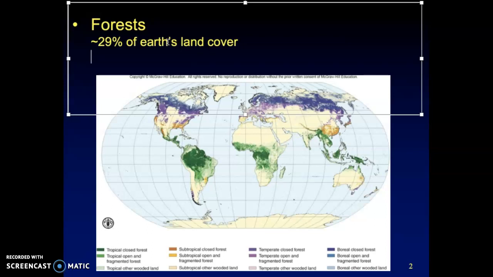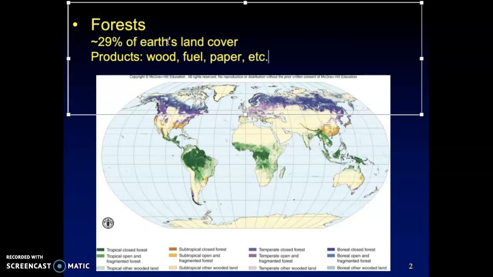Forests provide us with a lot of valuable products. So think about how many things we use in our daily life that are forest products. The wood to build your house. Maybe you're sitting on furniture that's made of wood. Maybe you burn wood in a fireplace for fuel. Think about paper products.